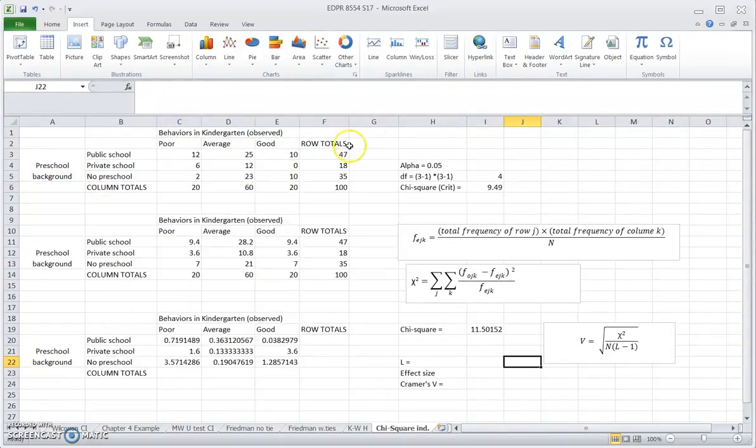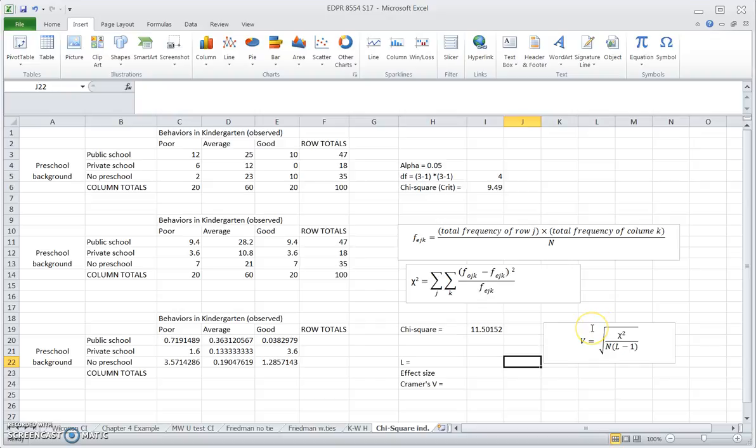So statistical significance is one side of the coin. The other side of the coin is the measure of practical importance, which we call effect size. In the chi-square test for independence, we use Cramer's V statistic to measure effect size.